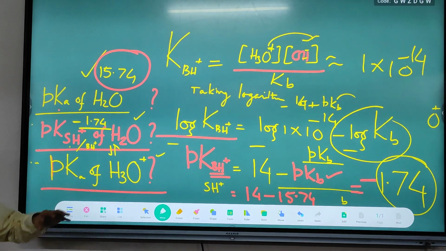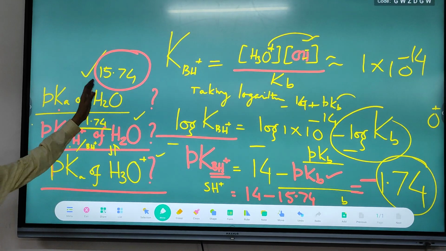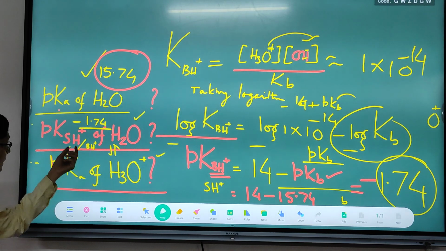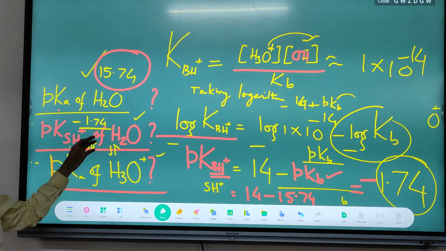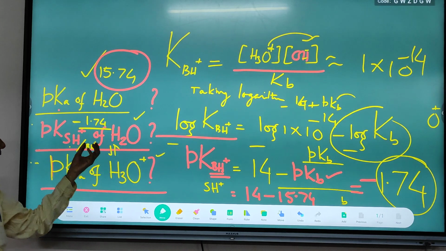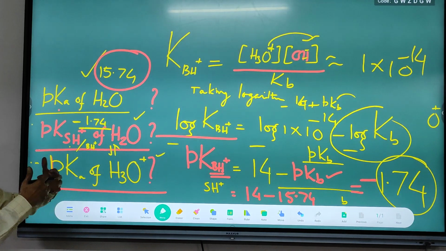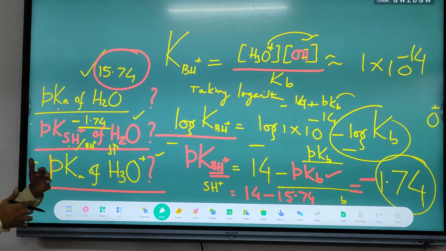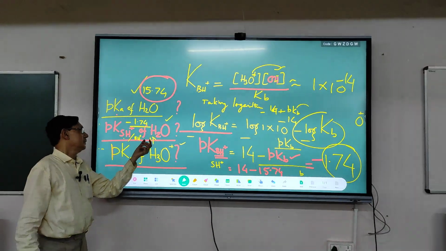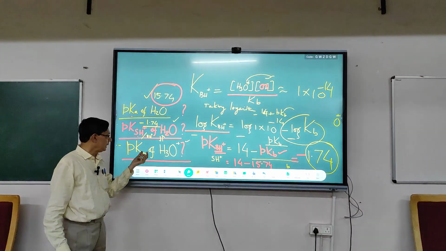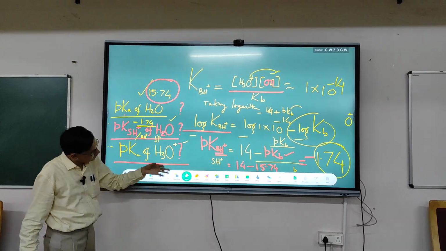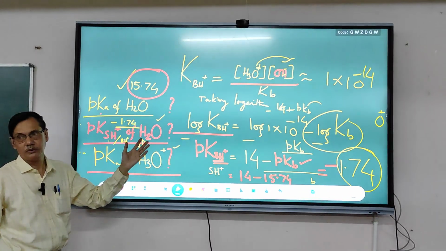So now you can understand that the pK of water, pKSH or pKBH of water, is entirely different. The hydronium ion is also competing with the sulfuric acid like that, minus 7, minus 3, minus 4. So very, very strong H3O+, and pKa of H3O+ is also the same, minus 1.74.